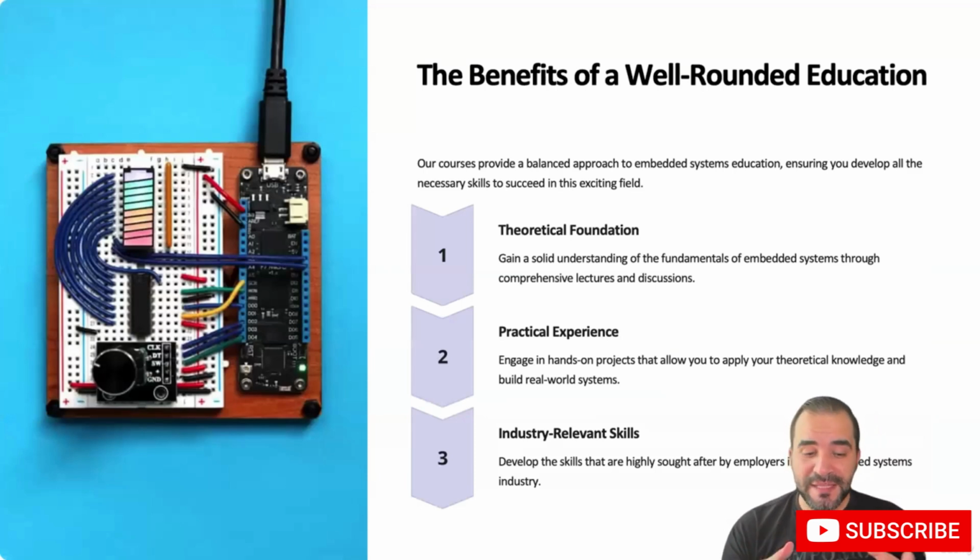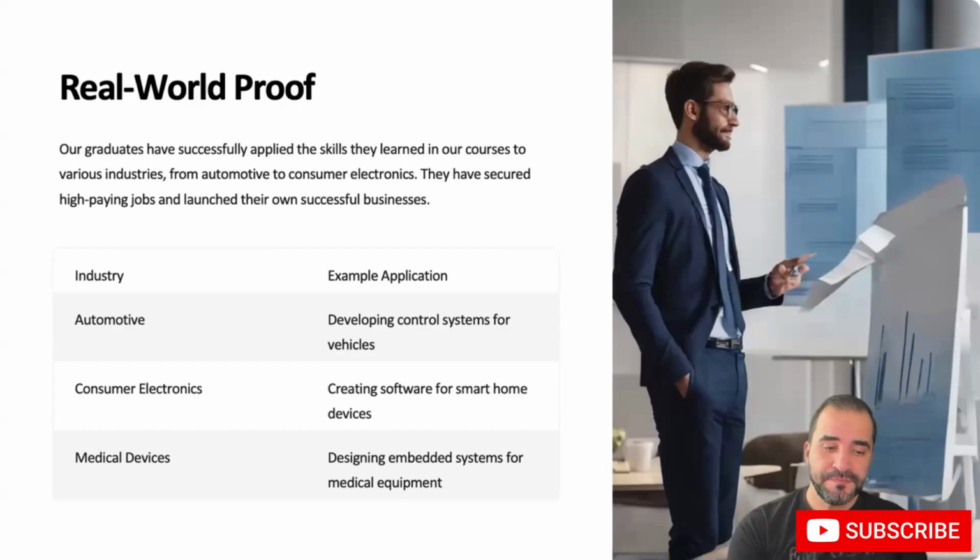There is also practical experience, where you engage in hands-on projects that allow you to apply your theoretical knowledge and build real-world systems. And there are industry-relevant skills, where you develop the skills that are highly sought after by employers in the embedded system industry. And this is the best approach to get started.